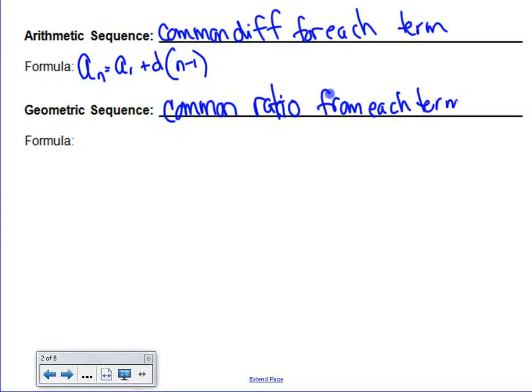And when we used to teach this to little Algebra 2 kids, common difference for arithmetic sequences meant you were adding, and sometimes they viewed it as subtracting a common term, and common ratio meant that we were multiplying, and some kids view that as division, depending on what the r is. The geometric sequence formula is a sub n equals a sub 1 times whatever the common ratio is, to the n minus 1 power.